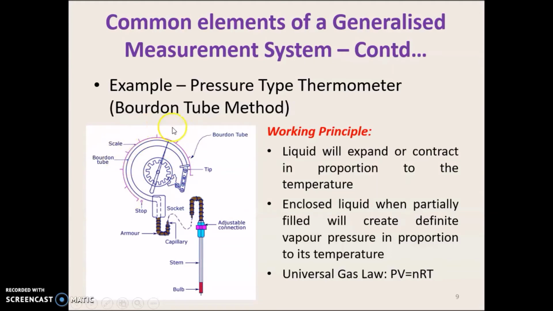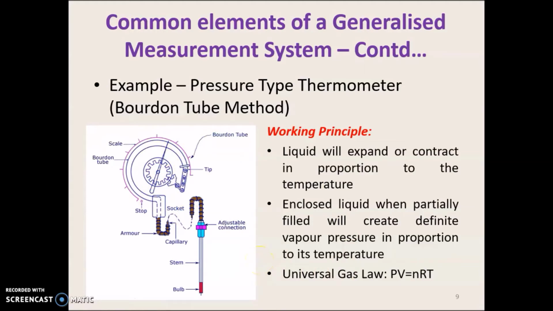So based on this scale, we will be able to find out the value. Sometimes this value will be read as pressure, and when we use this pressure in some formula, we get the temperature. This is how this particular generalized measurement system works.